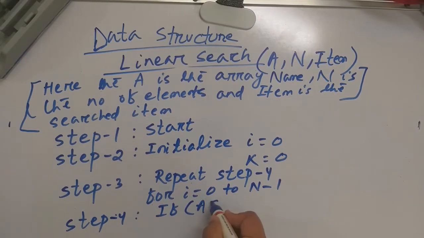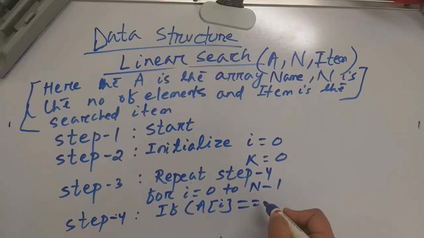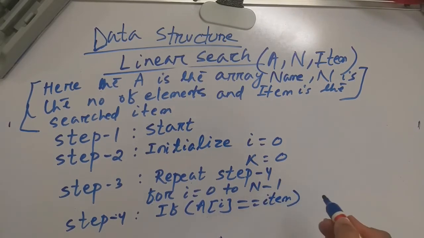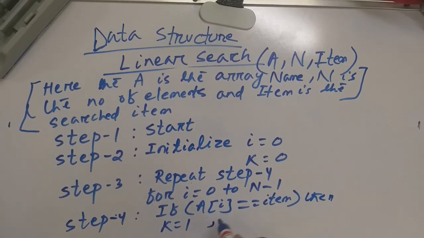We compare whether A[i] is equal to item or not, then k equal to 1 and j equal to I plus 1.